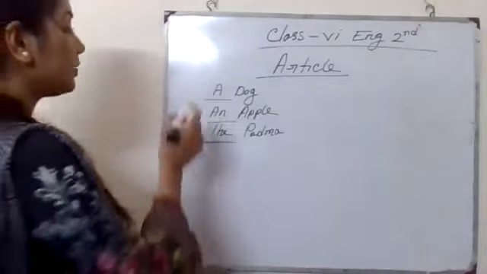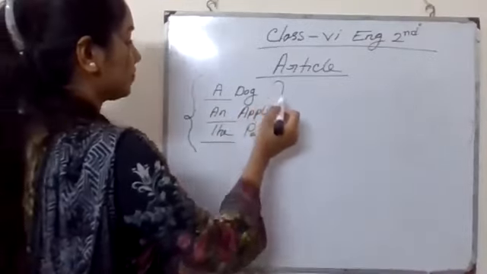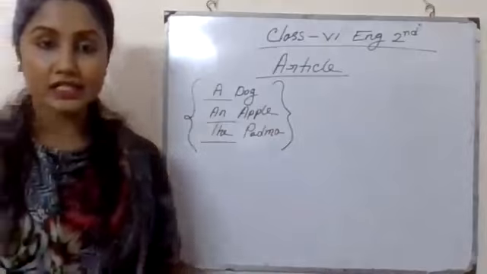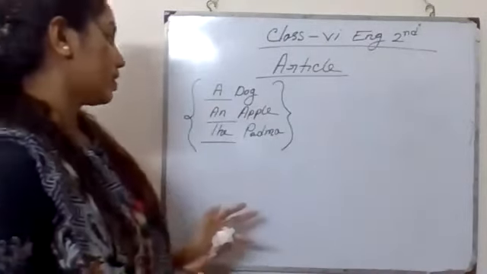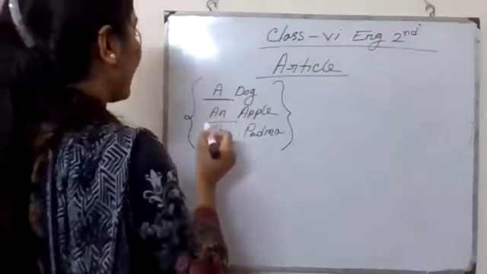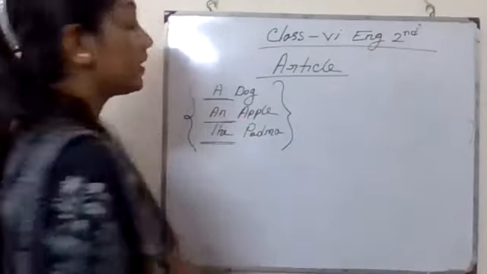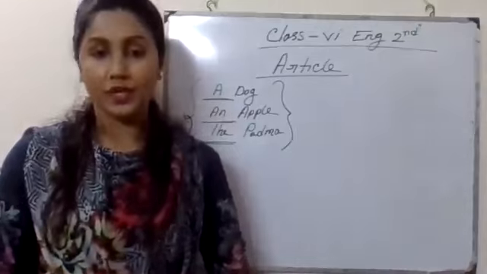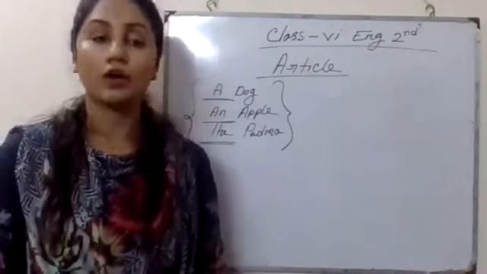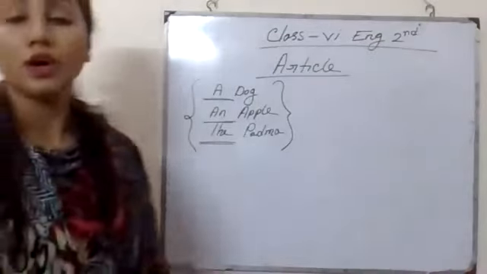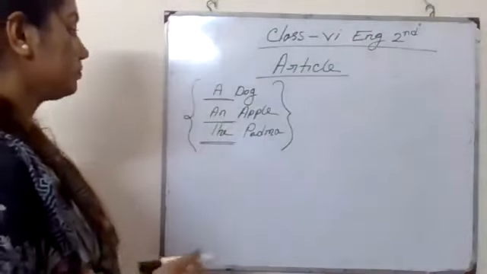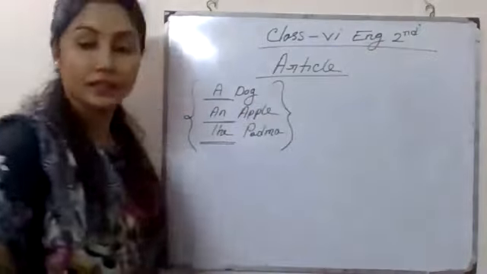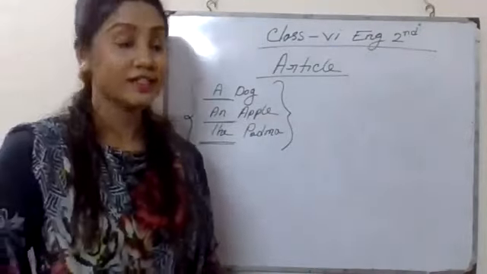I have written three examples for indicating three different things. When we use a, an, and the to indicate a fixed thing or an unfixed thing, it is called an article. So, boys, it's clear what an article is.